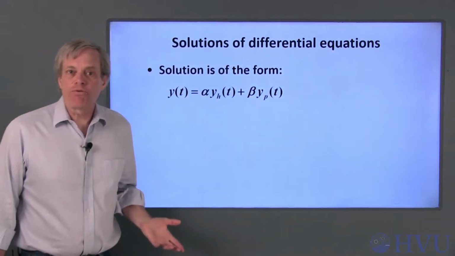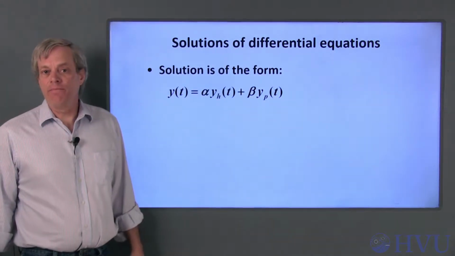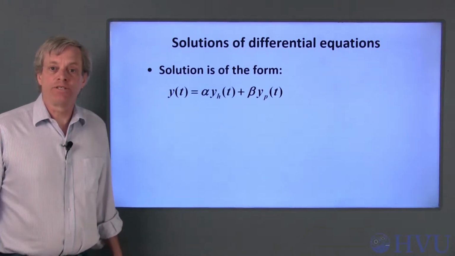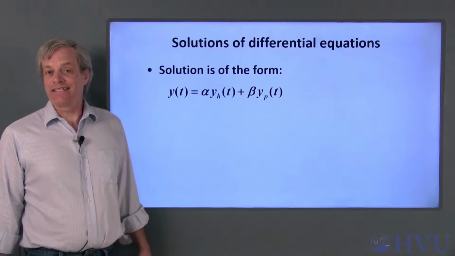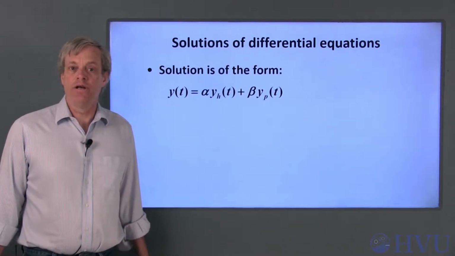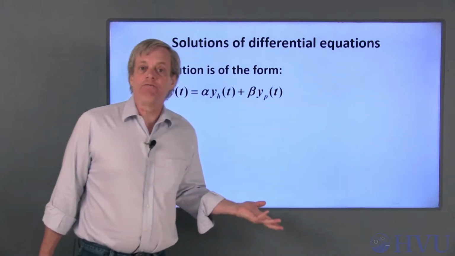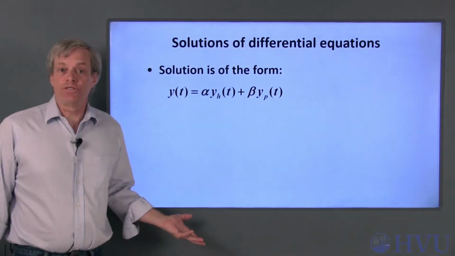The superposition property allows for any linear combination of solutions to be the actual solution, so the homogeneous and particular solutions can be scaled and summed to get the overall solution. The multiplicative constants, alpha and beta, are the scaling factors on the homogeneous and particular solutions.